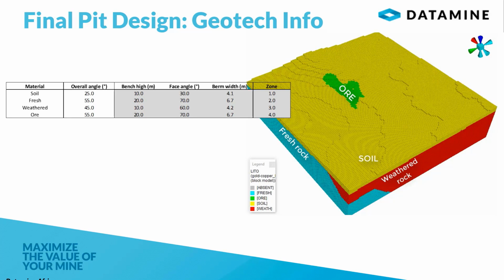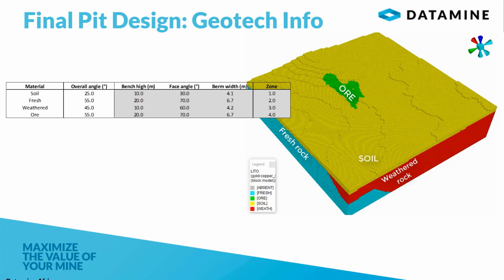We have different types of materials like fresh rock, soil, weathered rock, and ore, and they have different overall angles. As you can see, for soil we have around 25 degrees, for fresh we have 55 degrees, and we have 45 for weathered.